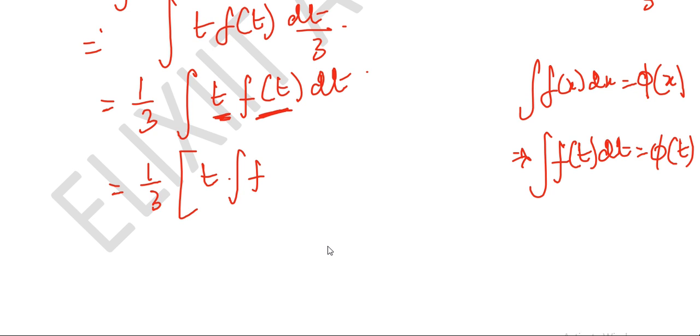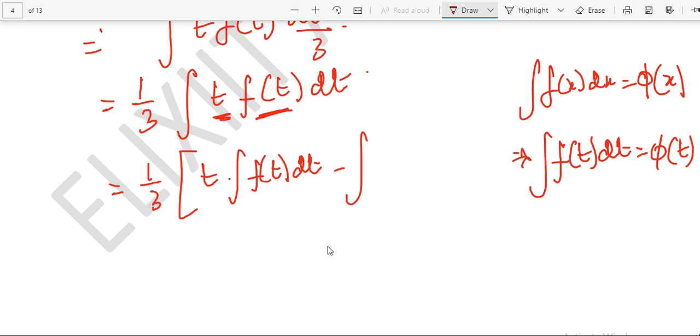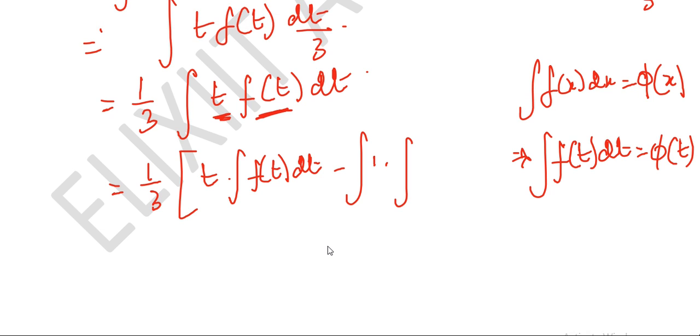So minus integration, the derivative of the first function is 1, multiplied by integration ft dt, the whole dt.